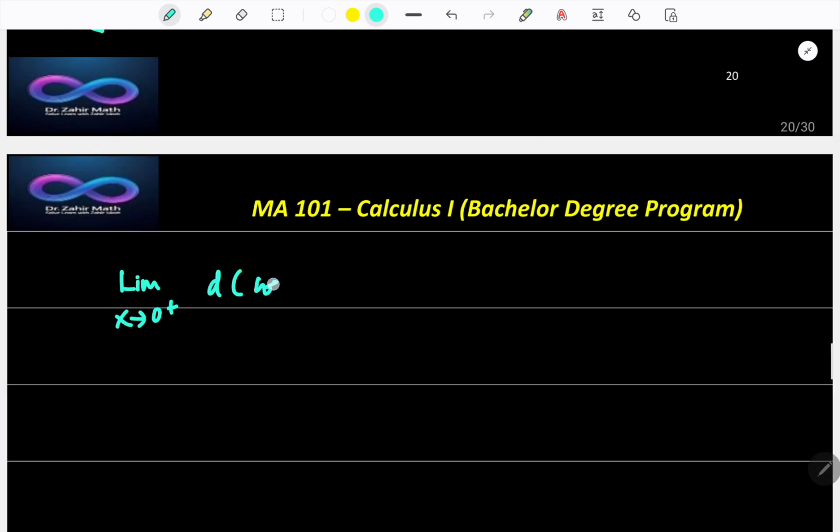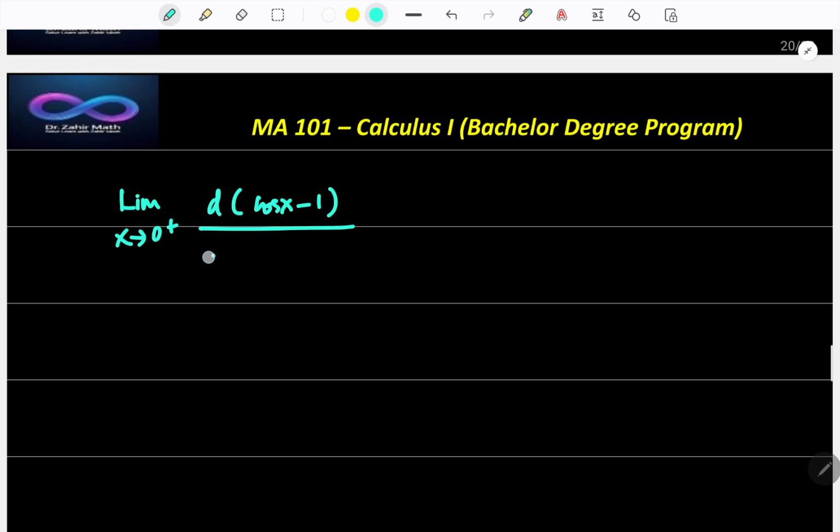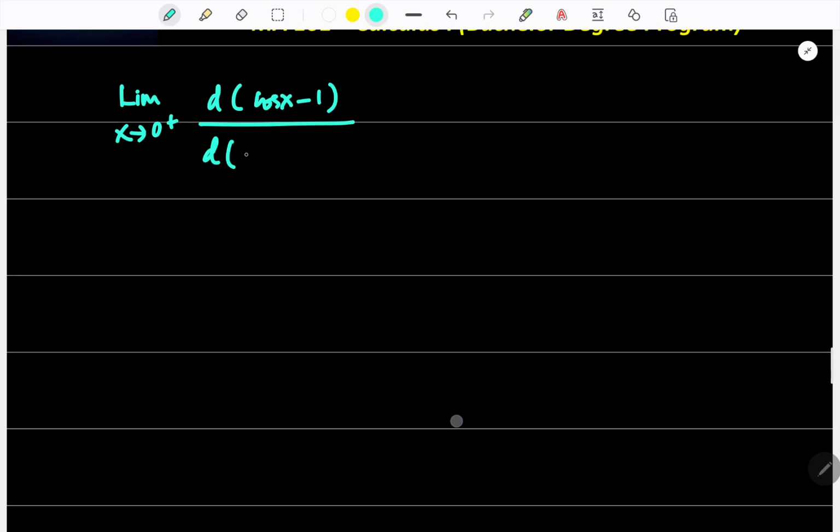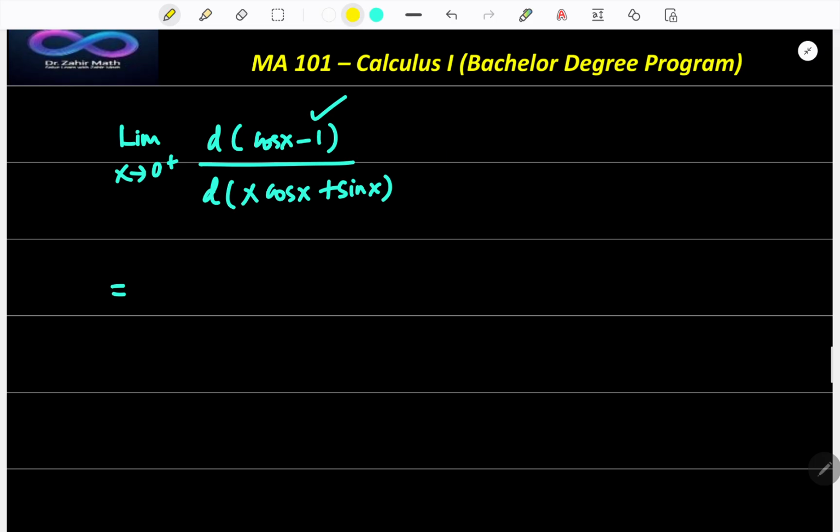Differential of cosine x minus 1 divided by differential of x cosine x plus sin x. The numerator is okay; in the denominator there is a product rule, differential of x cosine x, where this is u and this is v. So x into minus sin x, plus cosine x into derivative of x, which is 1.